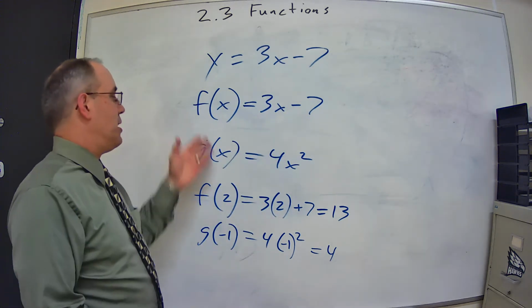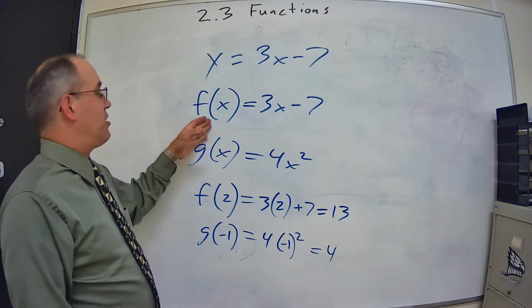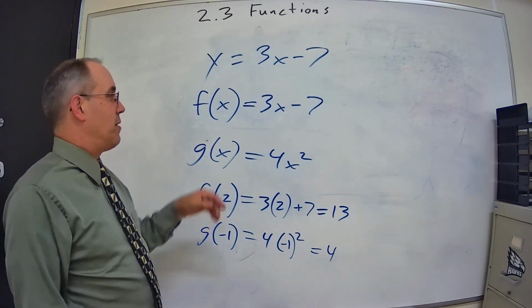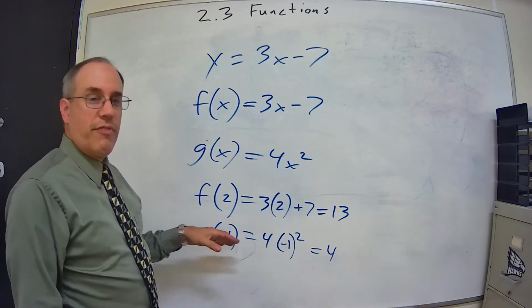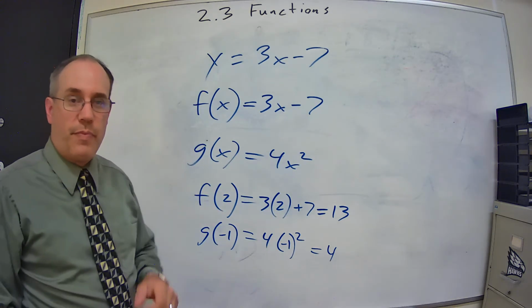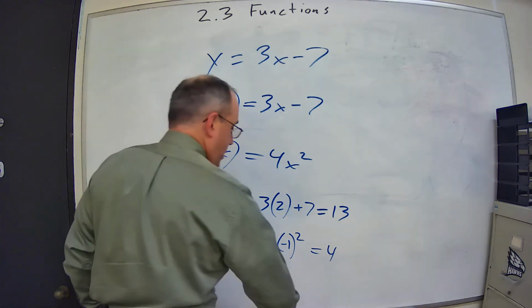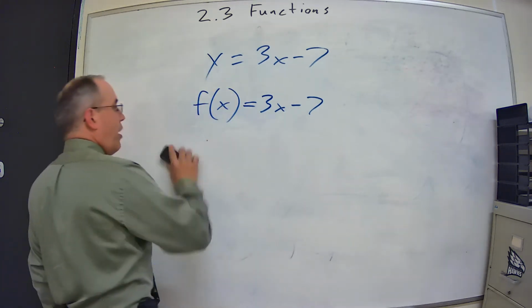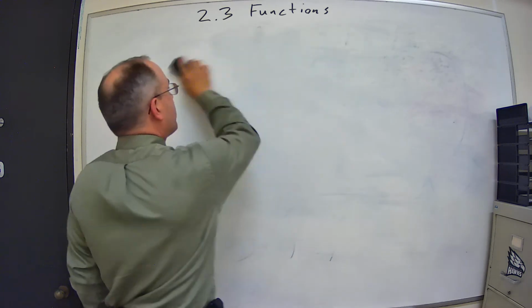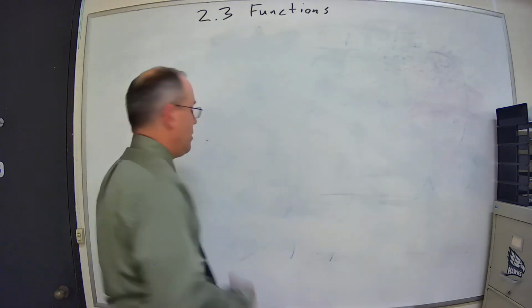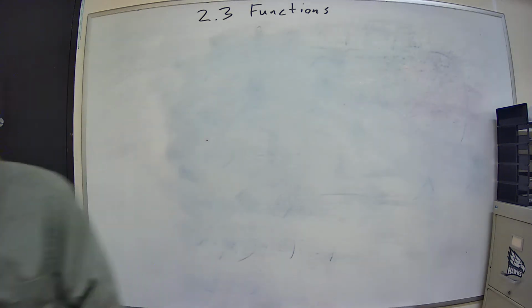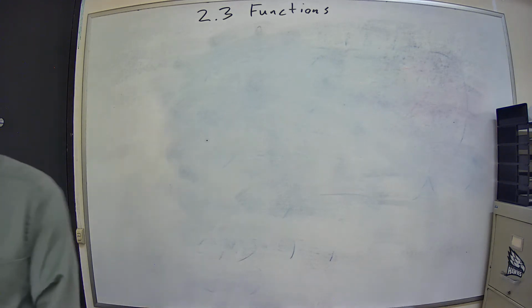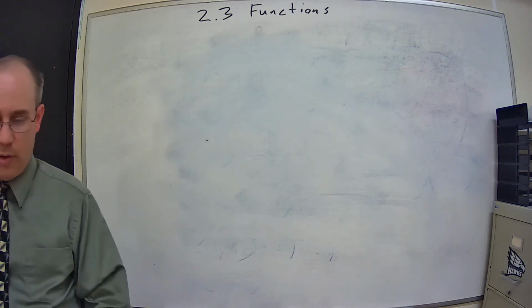Take that function and add it to this function. Take this function and divide it by this function. Take this function and plug in a value for x. So it gives us a much better way to relate to these functions. Pun only slightly intended. So dealing with our functions and function notation, which is pretty cool.